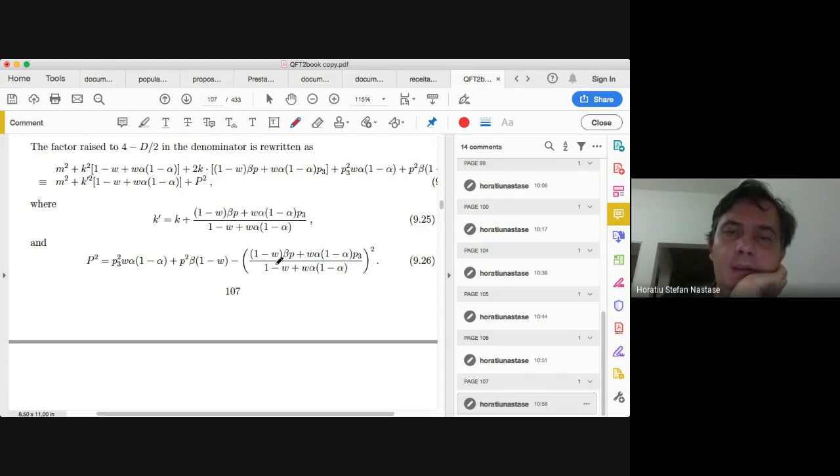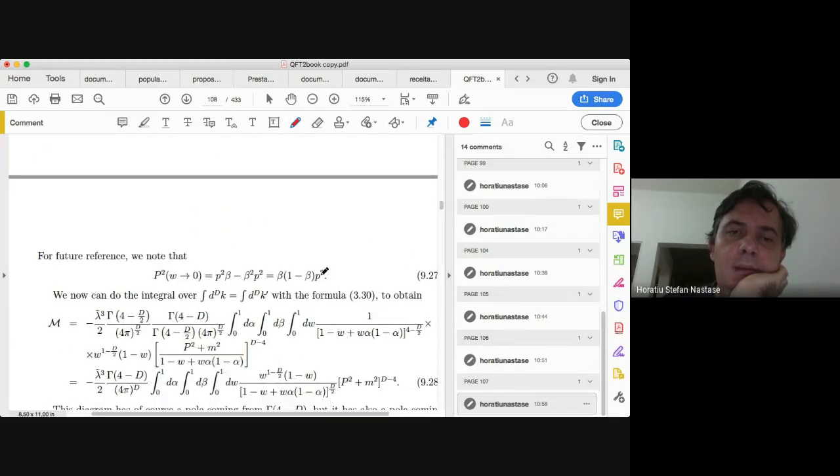And here, this term goes away, this away, this away, this away. So the only thing that remains is this beta p, everything squared. Right? So it's p squared beta minus beta squared p squared. So beta 1 minus beta p squared.